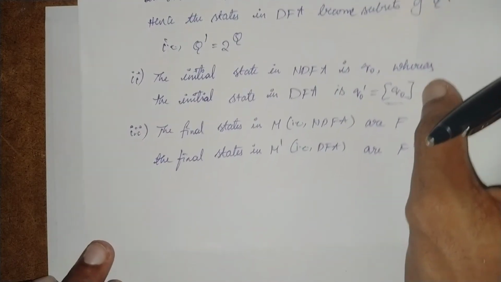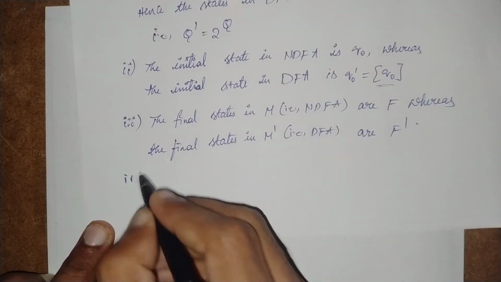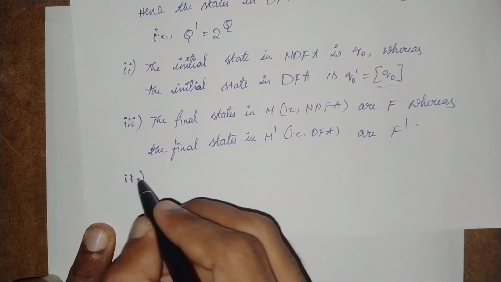So the fourth one is the transition function.